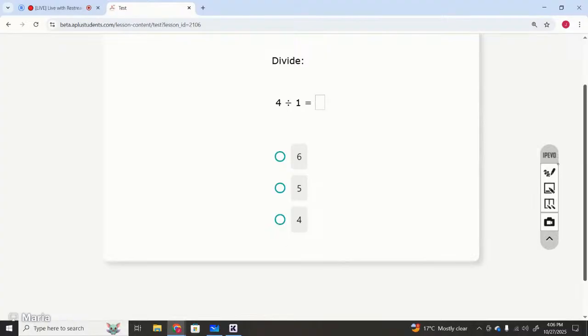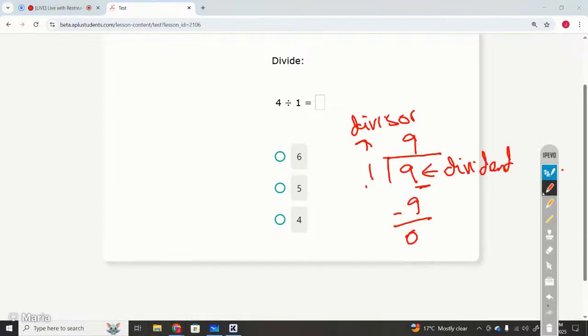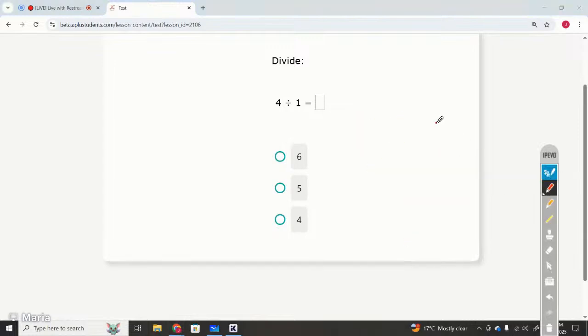4 divided by 1. Whatever number you are going to divide by 1, it would be the same number. 1 times 4 is 4. Got it? So that is 4.